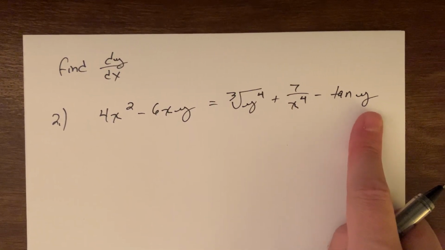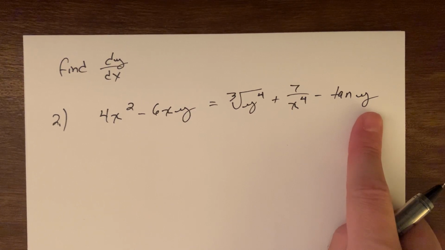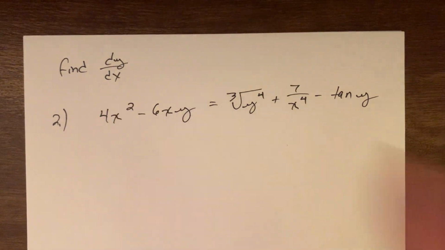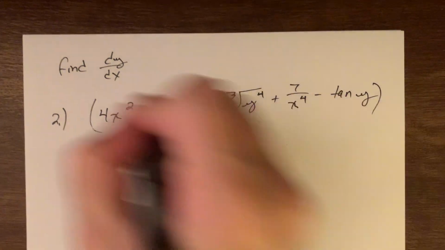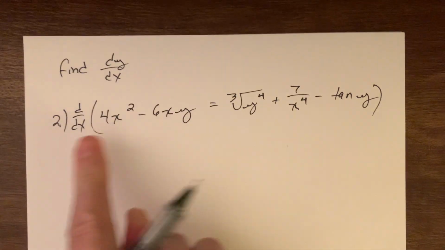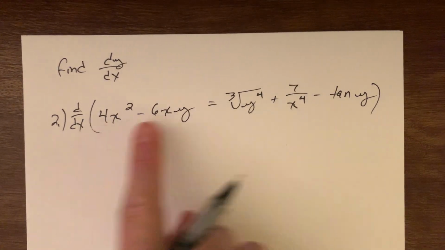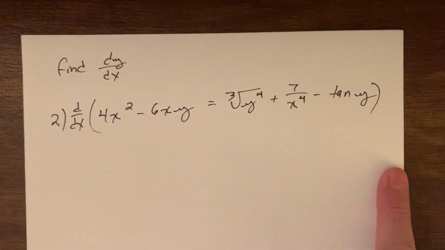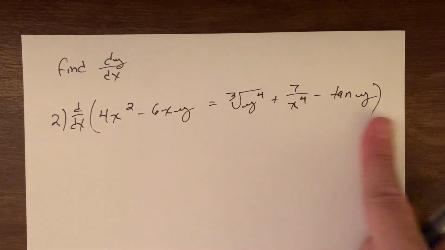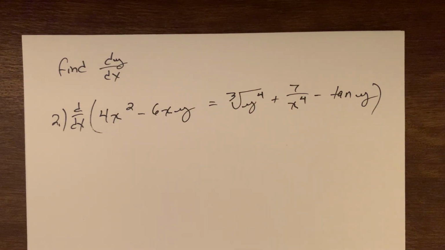I am throwing a lot at you in this problem. Find dy dx. Okay, we're going to have to take the derivative with respect to x. I realize my notation is going to come up in the middle of the problem. I've got x's and y's, so I don't just get dy dx equals. They're going to come up inside while we're taking the derivative.